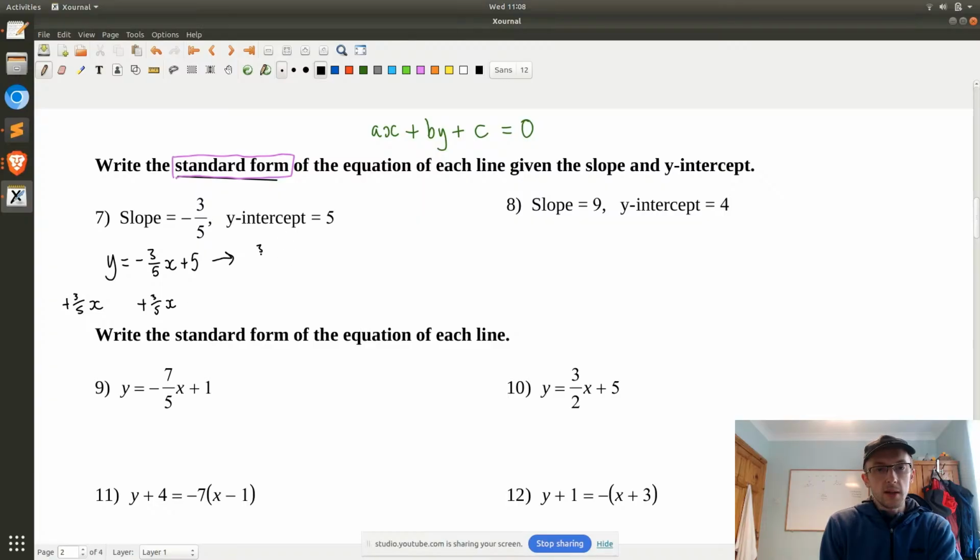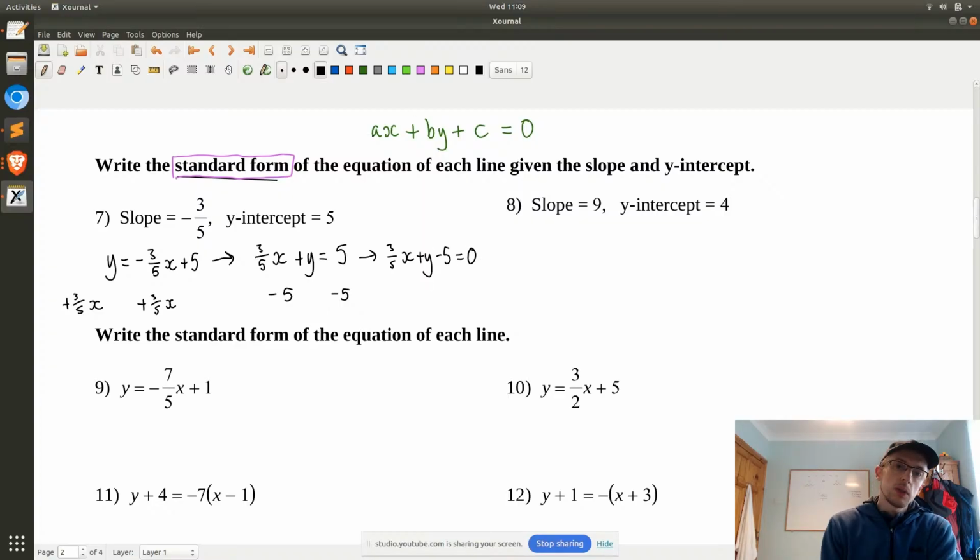And we get 3/5 of x plus y equals 5. Then take away 5 from both sides. And we get 3/5 of x plus y take 5 equals 0.